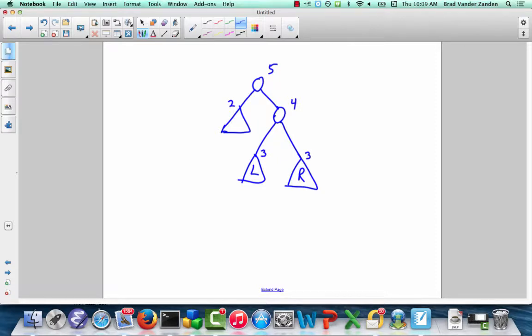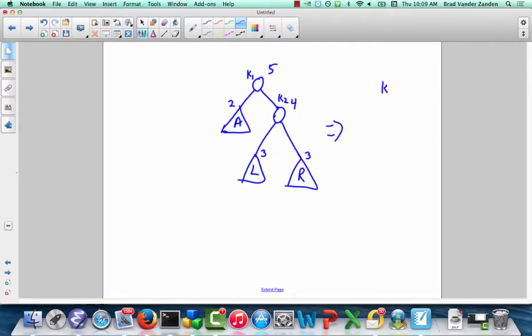I find at least it helps to work with specific heights rather than trying to be abstract. So here's at least a concrete example, and the imbalance obviously is at the root of this subtree. Okay, so I'm claiming that a zig-zig rotation is going to solve the problem. So here's K1, here's K2, and we'll just call this A. Okay, so I claim that the zig-zig solution is going to work.